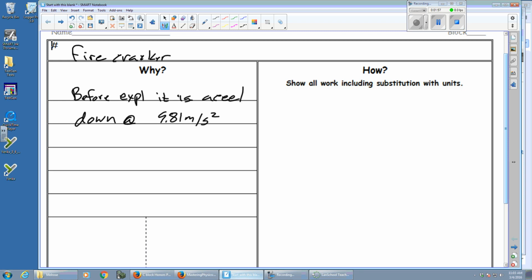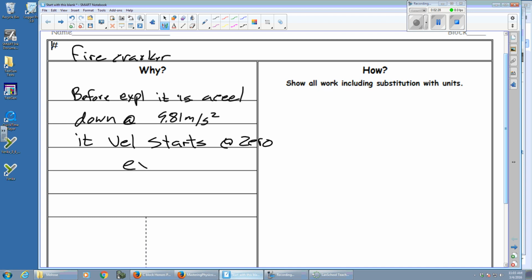But what does the word dropped tell us? The initial velocity starts at 0, as opposed to being thrown down or thrown up or anything else, right? So its velocity starts at 0.